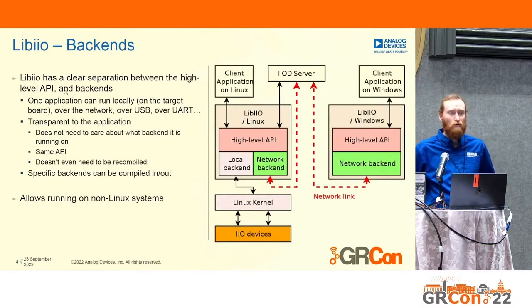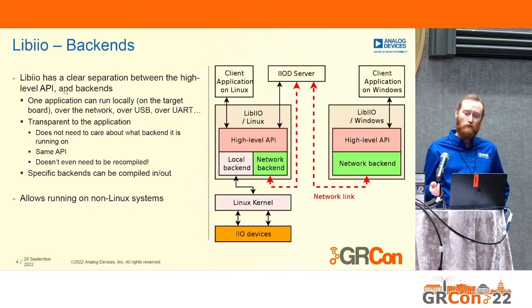Libiio has the concept of backends, so your application uses the high-level API, and then you have backends, for instance, the local backend to talk directly to IIO devices connected locally with the kernel. You have backends, for instance, to talk over the network to an IIOD server instance running on the board.